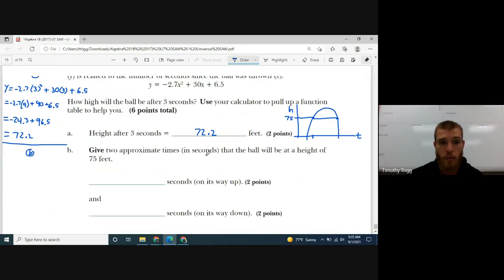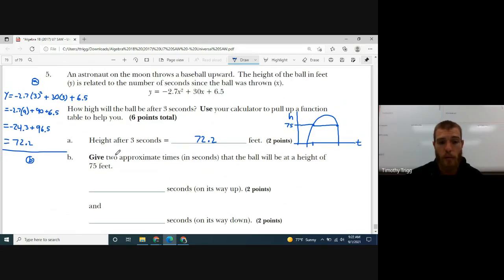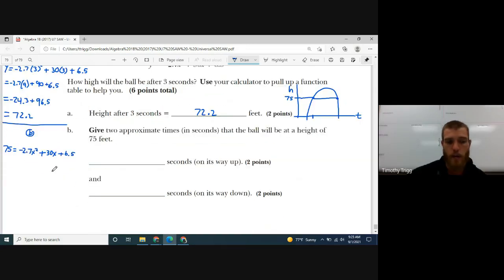So we're going to rewrite this equation, and we're going to replace y, the height, with 75. So this becomes 75 equals negative 2.7 x squared plus 30x plus 6.5. And we need to find the x value.